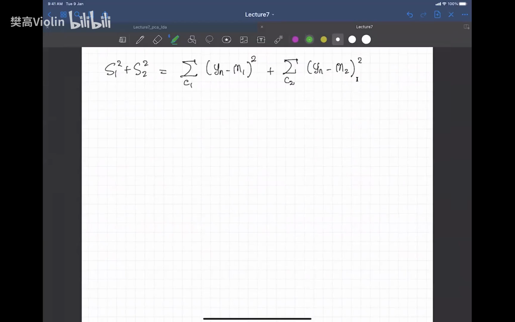Okay, so if there are no questions, let's continue this derivation here. Sum over C1, we do the same.